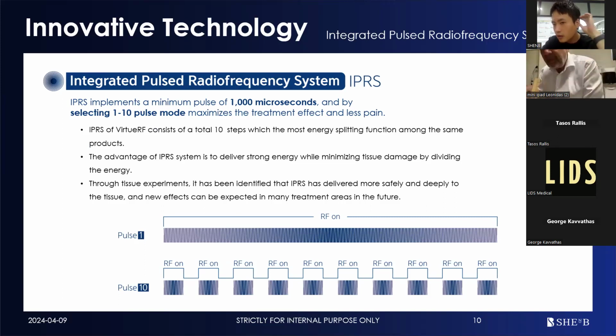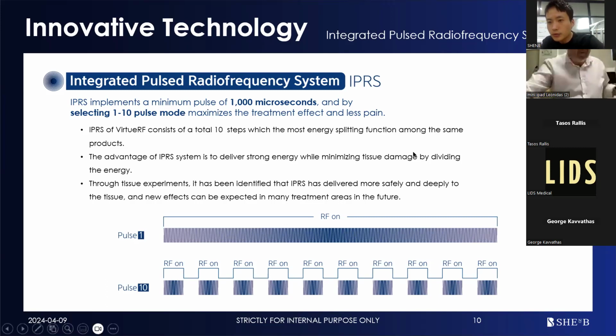Okay. Potenza, they can control the depth. I mean, the pulse from 1 continuous wave to up to 5 split waves. So their maximum pulses is 5, which means that with virtual RF we can divide the pulse in a much more detailed way, much more variety on our side.